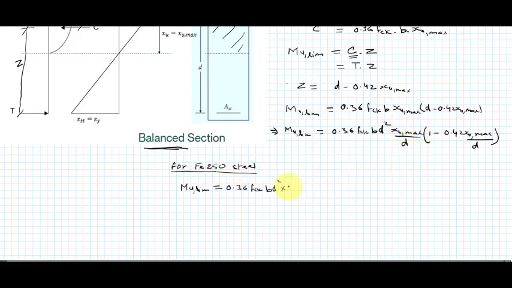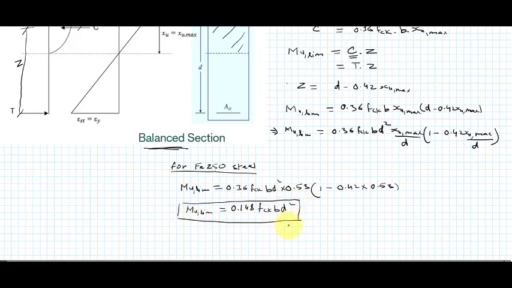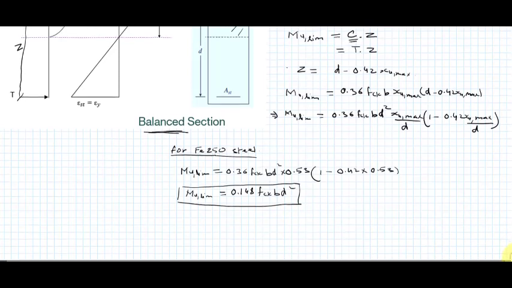It is 0.53. 1 minus 0.42 into, again xu max by d, it is 0.53. So this turns out to be 0.148 fck b d square. So you can remember that the limiting moment of resistance for Fe250 steel is 0.148 fck b d square.